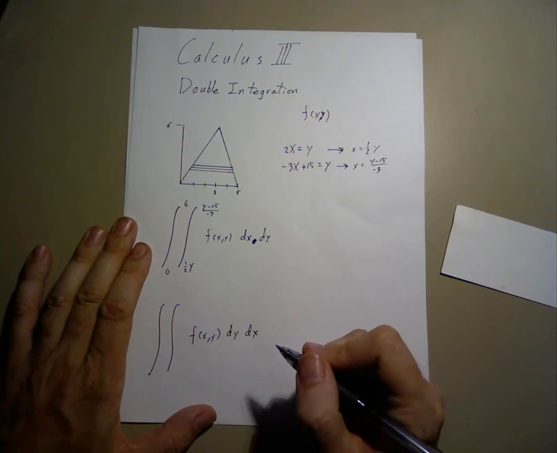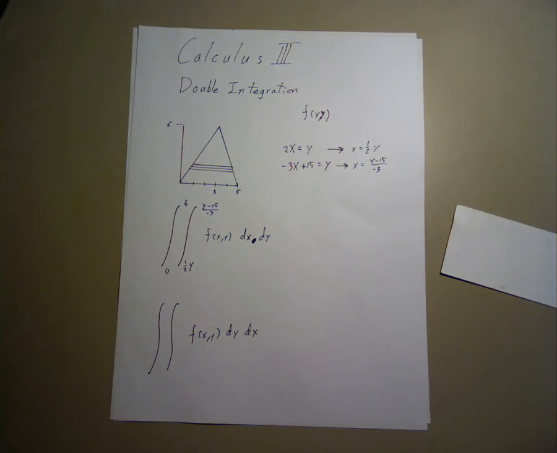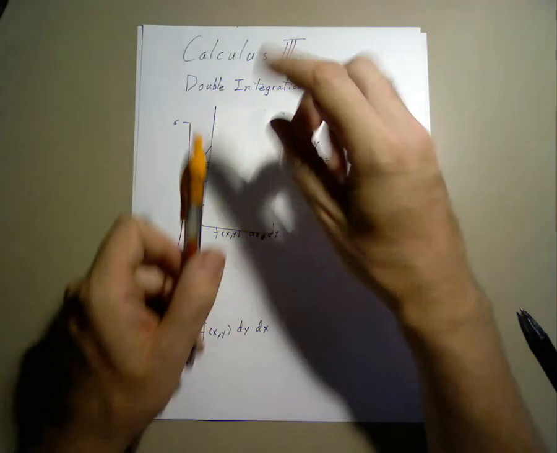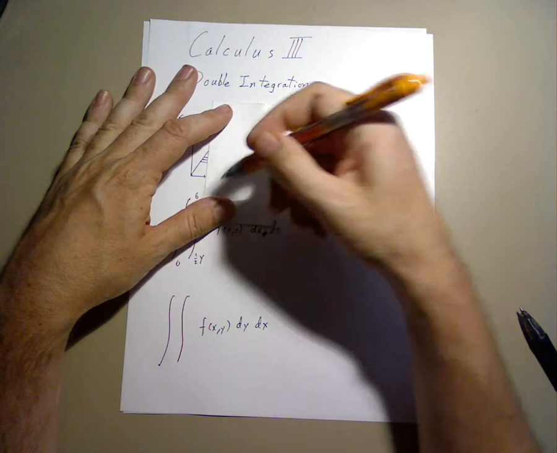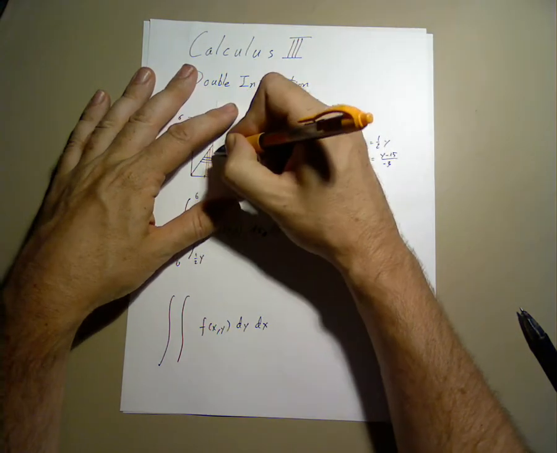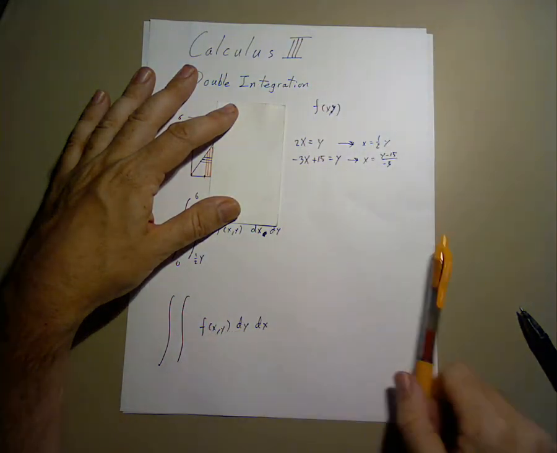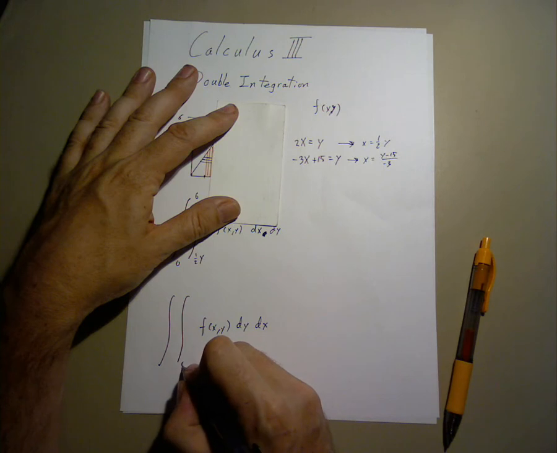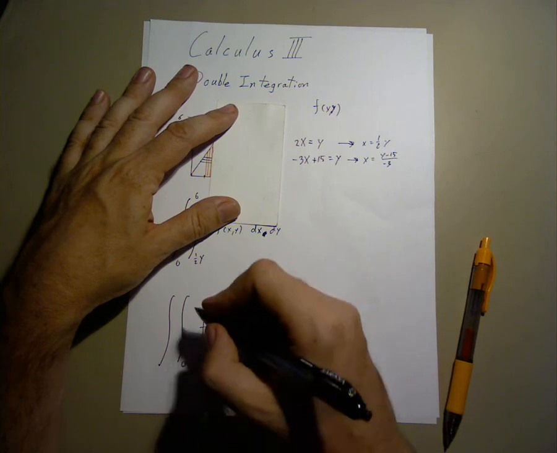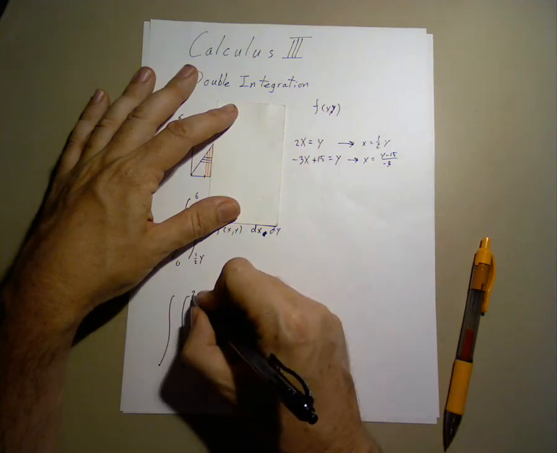In this case, we'll integrate a series of lines that run along here. In that case, our lower limit will be 0, and the upper limit will be 2x.